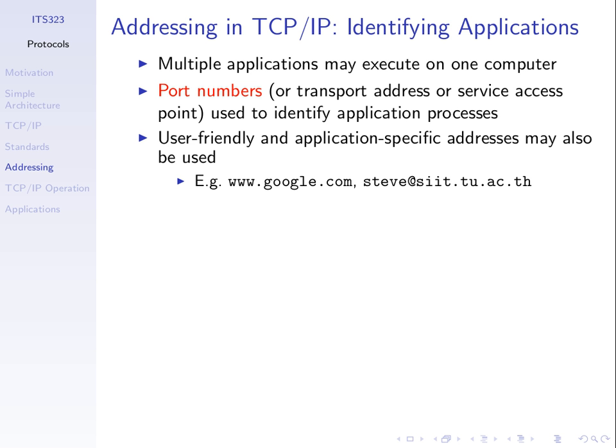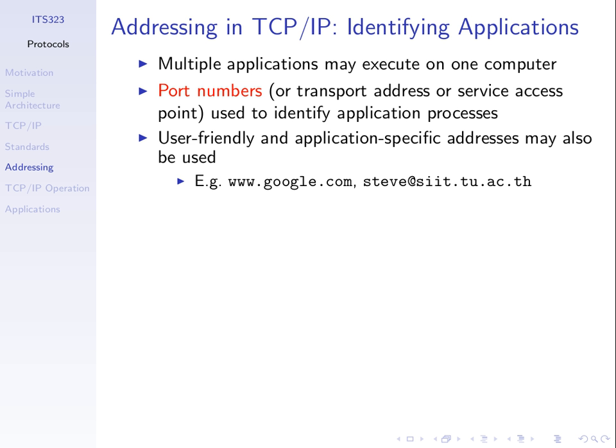When someone sends a packet to my laptop, they send it destined to my IP address, which identifies really my laptop. But then within my laptop, where does that packet go to? Does it go to my web browser, my instant messaging application, email client, or my Skype application? Which application does it go to? Well, we have different types of addresses to identify applications.